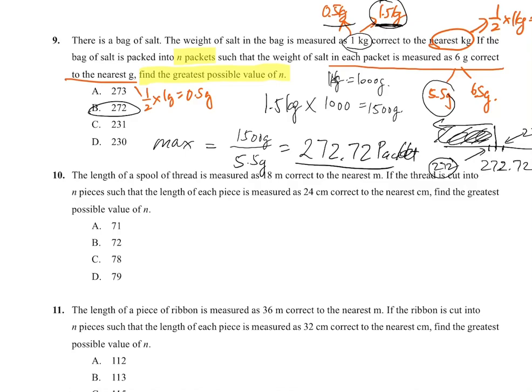The 0.72 at the back doesn't meet the requirement of having 5.5 grams. It would be less than that. It's like the leftover salt after you pack them up. It's too little to make up a full packet, so that would not be counted. So it's actually just 272. And then you do the same for the others.